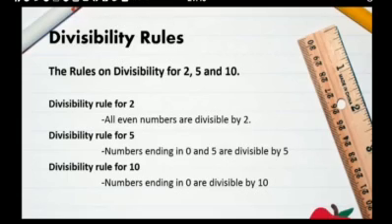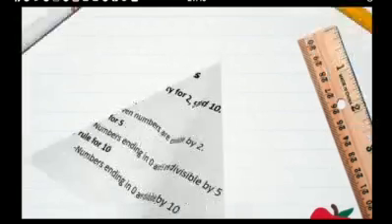So, may we now go back to the given activity earlier. So, we always keep in mind these rules for 2, 5, and 10 as we go to the activity given, right?